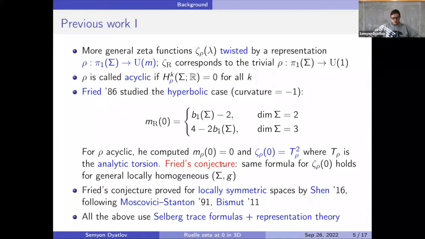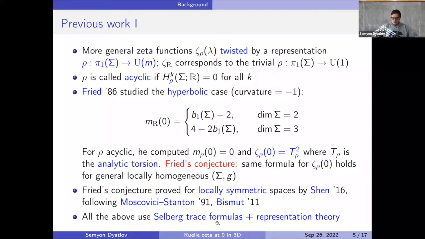And so this conjecture was proved in a setting of locally symmetric spaces, which are, again, spaces with a lot of symmetries. They always have a transitive action of a Lie group in particular, among other things. But there is still plenty of them beyond just hyperbolic spaces. So that was done by Shen following earlier work.